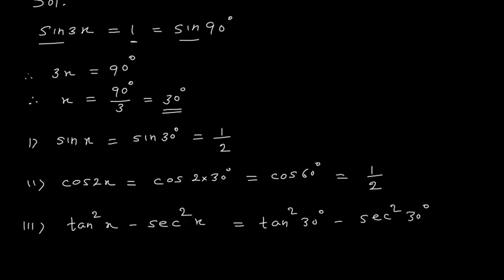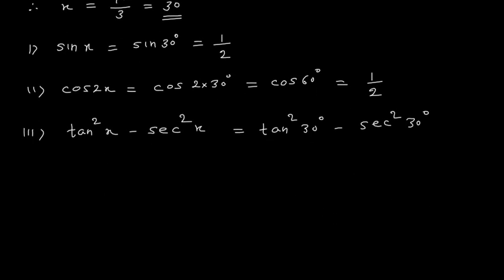Sec is the reciprocal of cos, so we can think in terms of the reciprocal of cos 30 degrees. So tan 30 degrees is 1 upon root 3, so this is 1 upon root 3 whole square, minus cos 30 degrees is root 3 upon 2, so sec is 2 upon root 3, so this is 2 upon root 3 the whole square. This we get 1 upon 3 minus 4 upon 3.